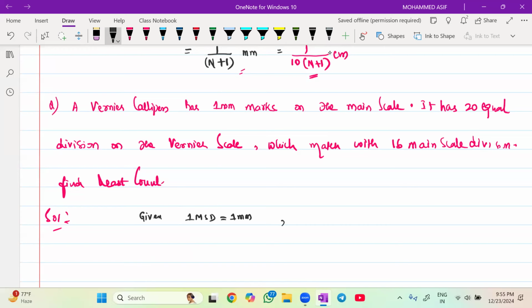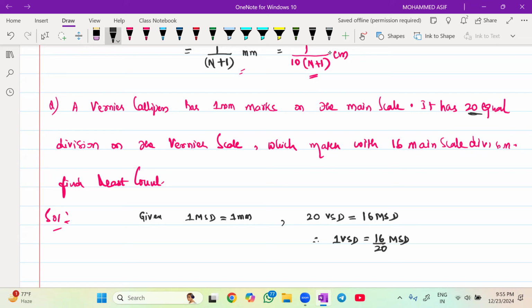And 20 vernier scale divisions match 16 main scale divisions. Therefore, 1 VSD will be equal to 16 divided by 20 main scale divisions.